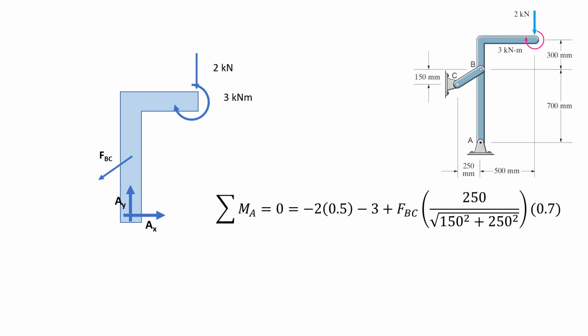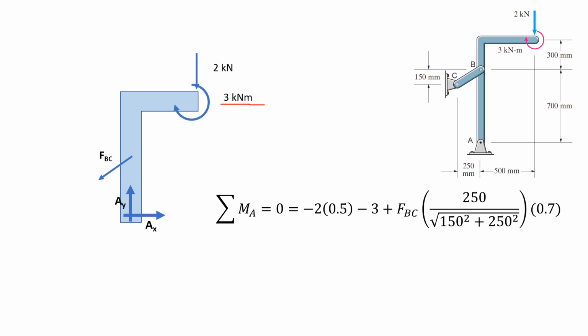So take note, 2 kilonewtons clockwise, negative, times distance. I converted the 0.5 to meters because of your couple moment. It's 3 kilonewton meters. So to be consistent with the units, I converted the lengths to meters. And then for FBC, take note of the given.